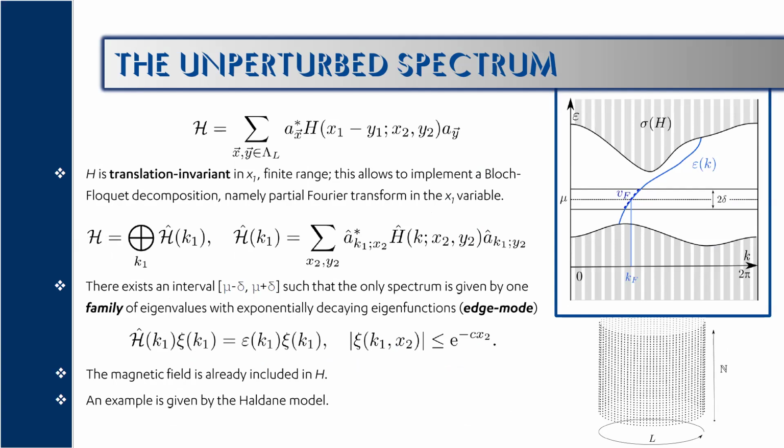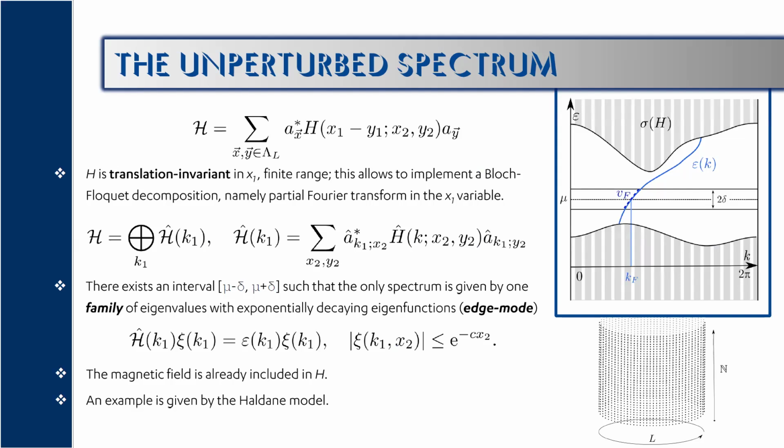So we suppose that our Hamiltonian is translation invariant in the x1 direction, and it's also finite range, so that x interacts with y up to a fixed maximal distance, let's say r.